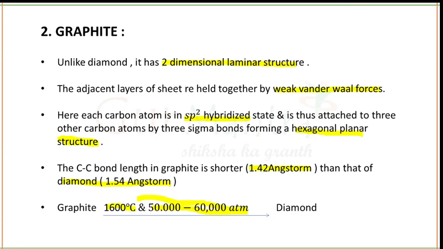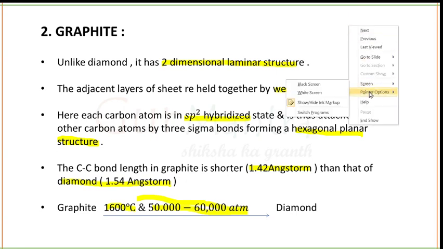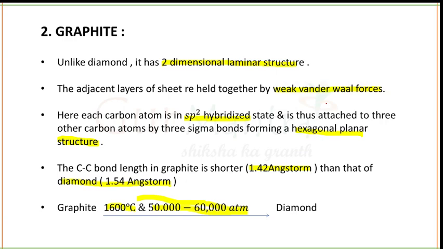And talking about the density of graphite, the density of graphite is 2.09 to 2.23 gram per centimeter cube.